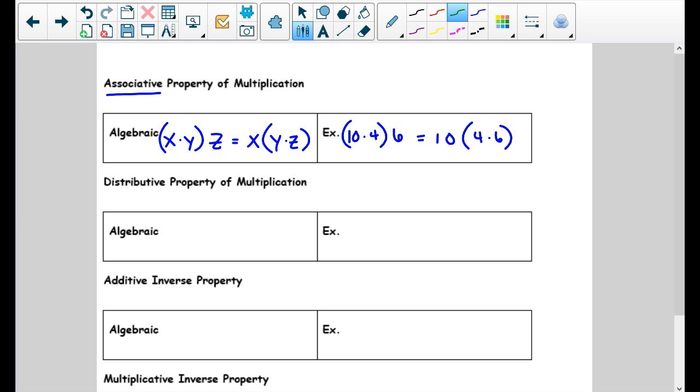Distributive property, okay? I'm going to show it to you algebraically, because that's typically when we use it.